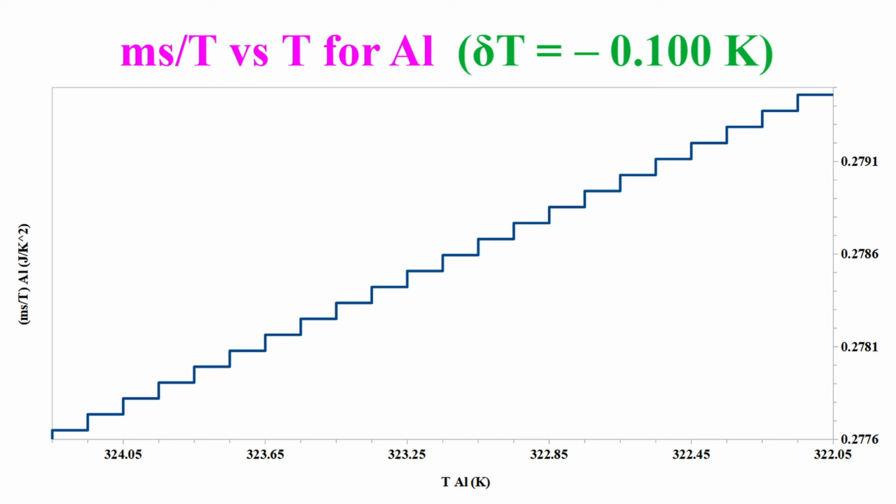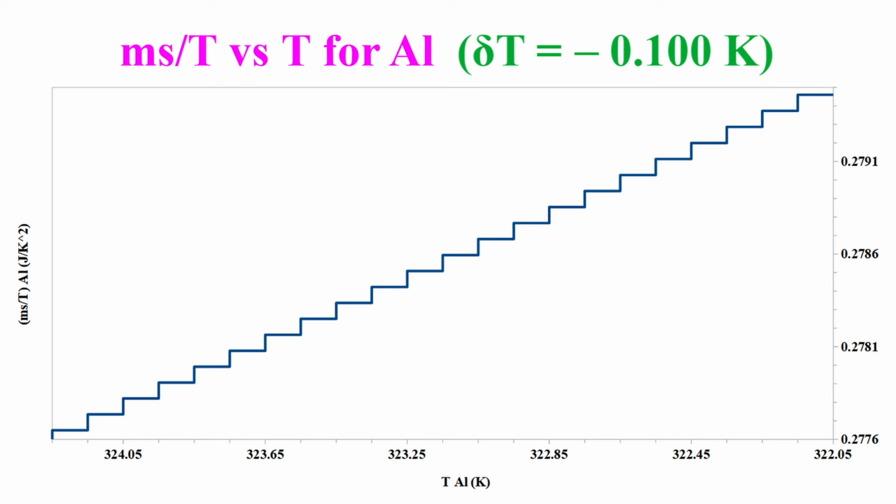In this case, the x-axis is the corresponding temperature range between 324.25 and 322.05 Kelvin.